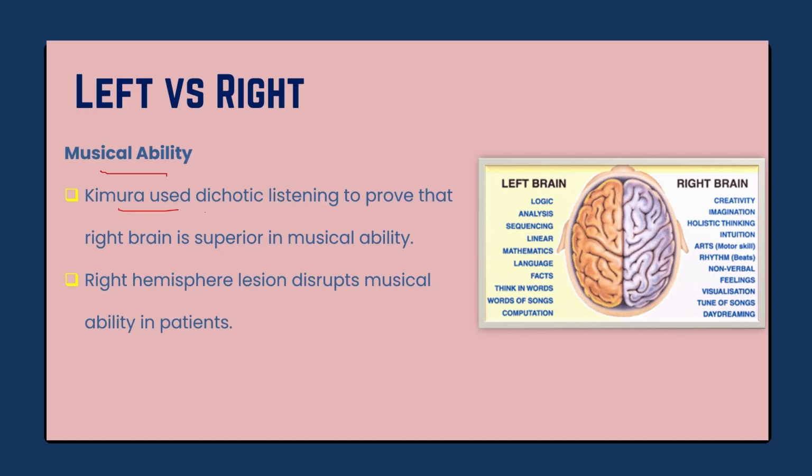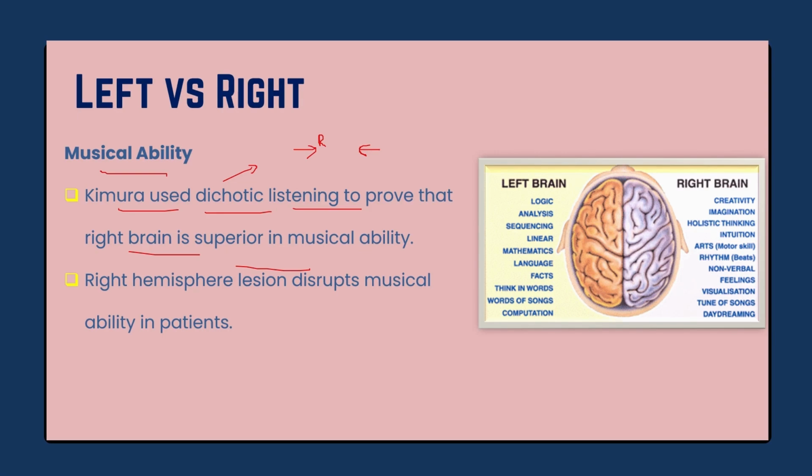Alright. Then we have musical ability. Kimura used dichotic listening to prove that right brain is superior in musical ability. Now, do you remember what is dichotic listening? Dichotic listening was the testing method where a person is given two different sound stimuli, one to each of his ears. Like the right ear will have one kind of sound coming in and the left ear will have a different kind of sound coming in.